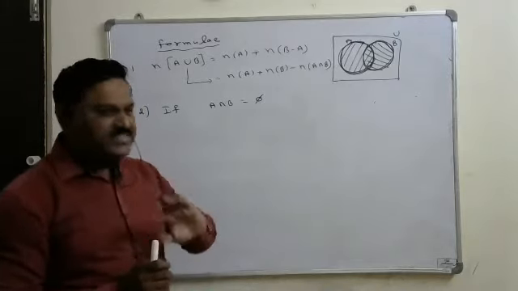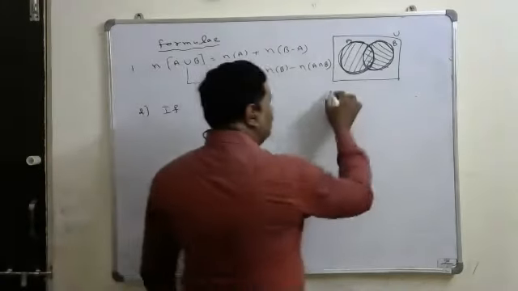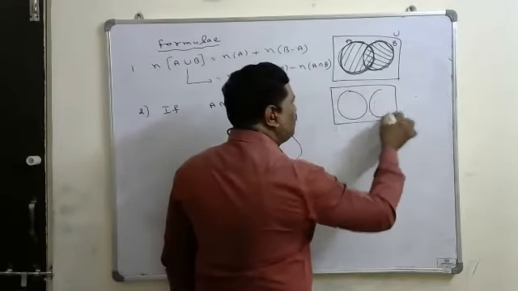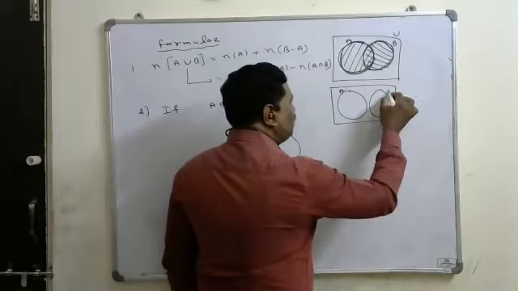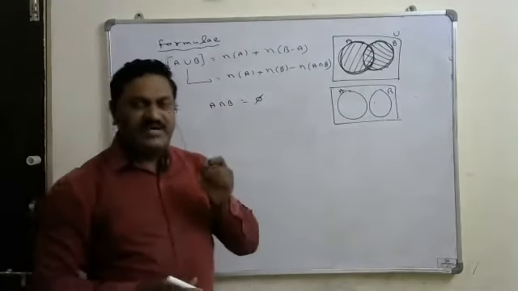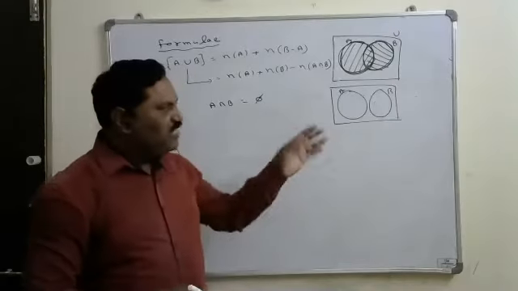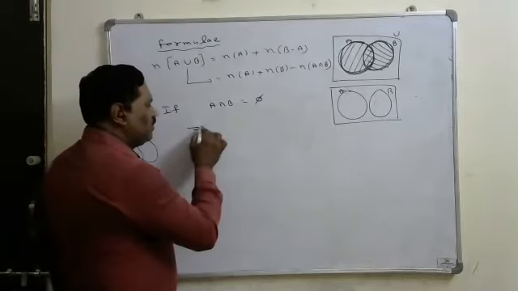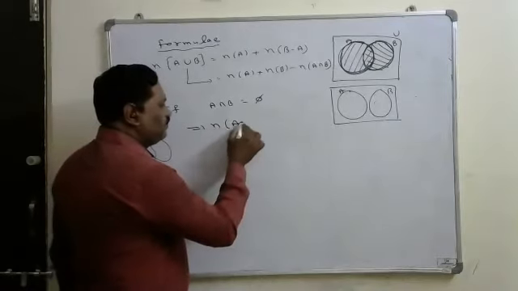Suppose the two sets are like this, this is the set A and this is the set B. For these two there is no common area at all. Such sets are called the disjoint sets. Then how many elements will be there in A intersection B? Number of elements कितना रहते?